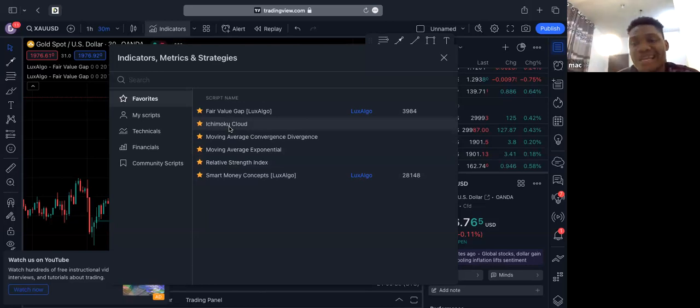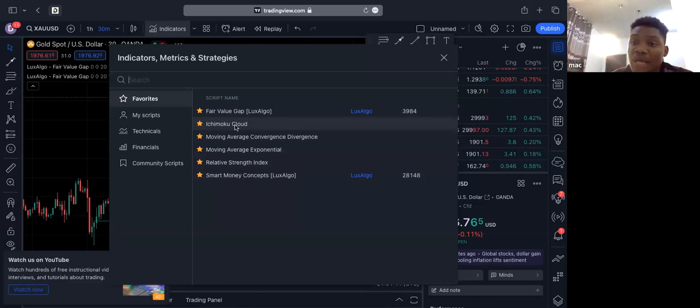You get more no's than yes, because it's not a common indicator. MACD is very common. RSI is very common. Fair value gap is not common, but as time goes on, you will end up liking some of them. My favorite is SMC and Ichimoku cloud. I've been using Ichimoku cloud for a year, and honestly, 90% of the time it is correct. So as time goes on, you will find out more.